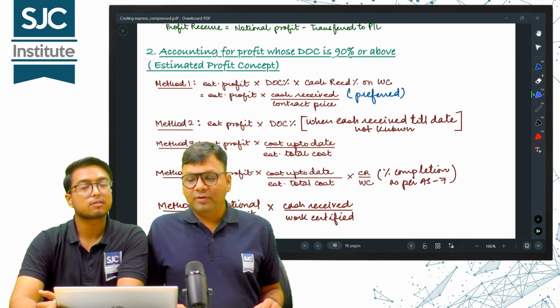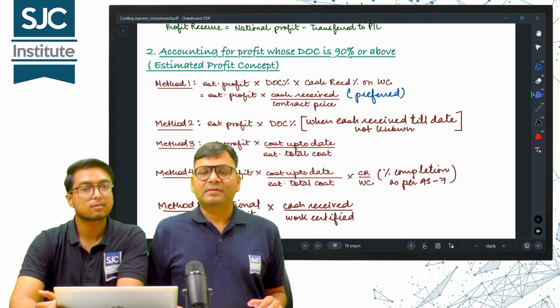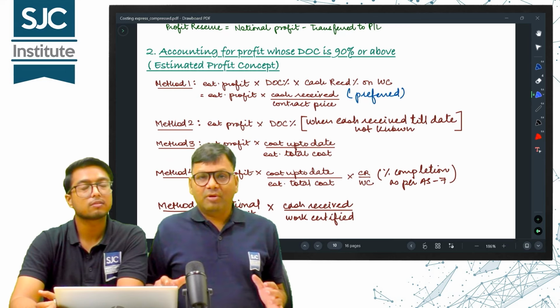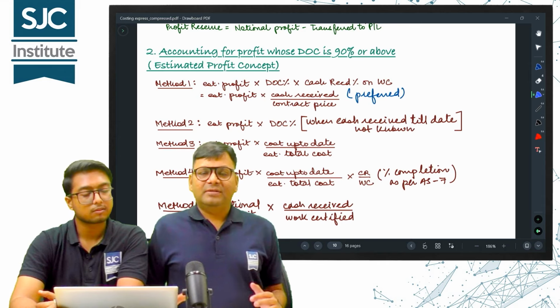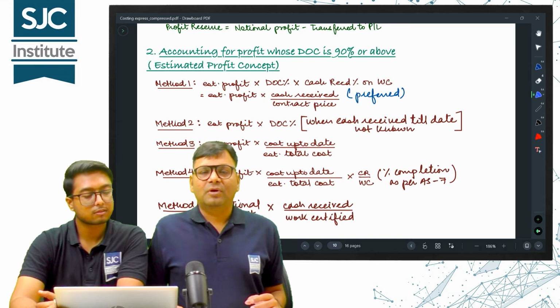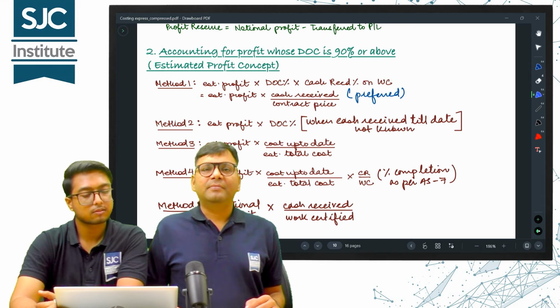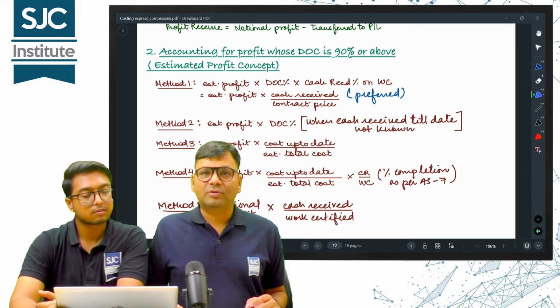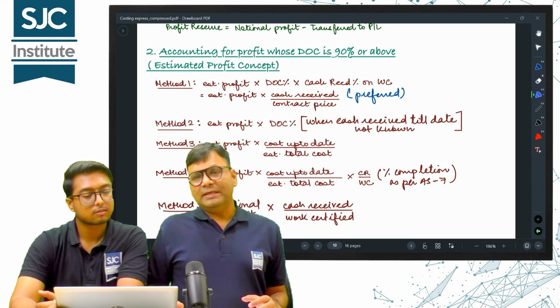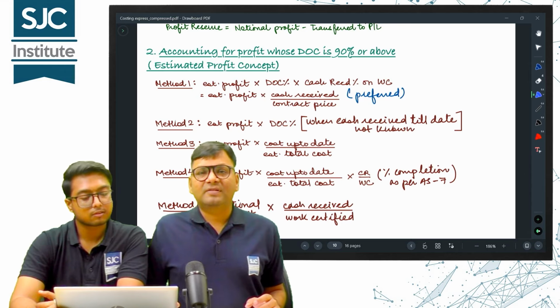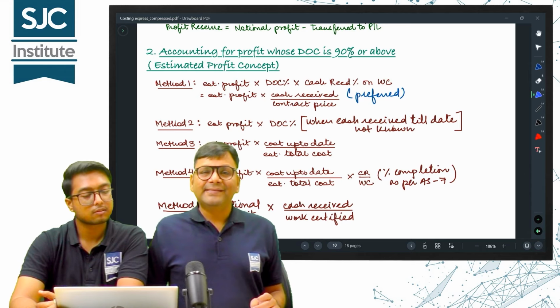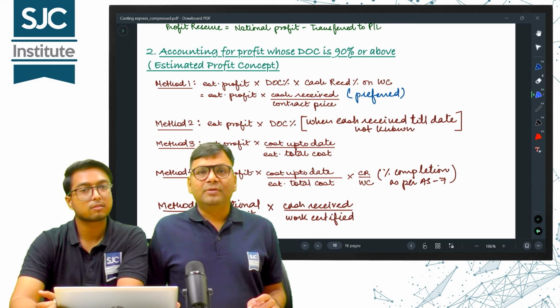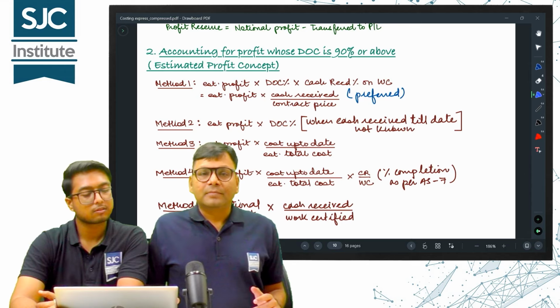The prime criteria for using this estimated profit concept is you should know estimated profit. To calculate estimated profit, we use contract price minus cost up to date minus estimated further expenses to complete the contract. So in case in your questions you have estimated further expenses known to you and still DOC is less than 90%, you may use this concept.